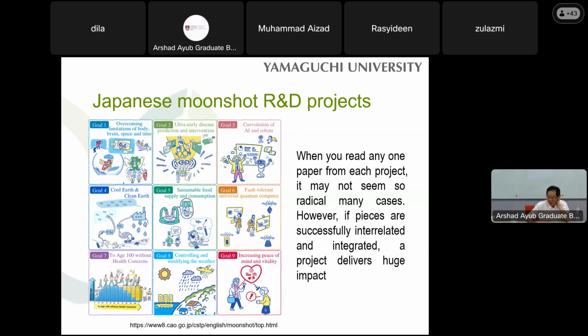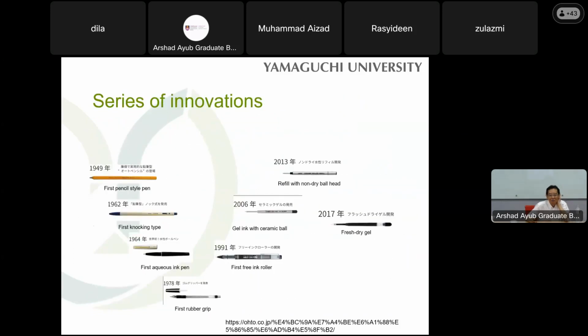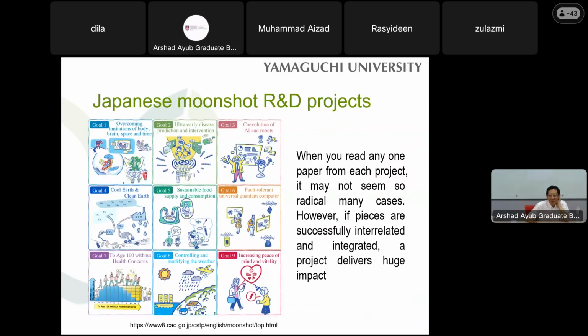But again, remember this slide. Series of innovation. And read the passage here. When you read any one paper from each project, it may not seem so radical in many cases. Why? Reviewers will not accept it because every reviewer respects the academic way of thinking.